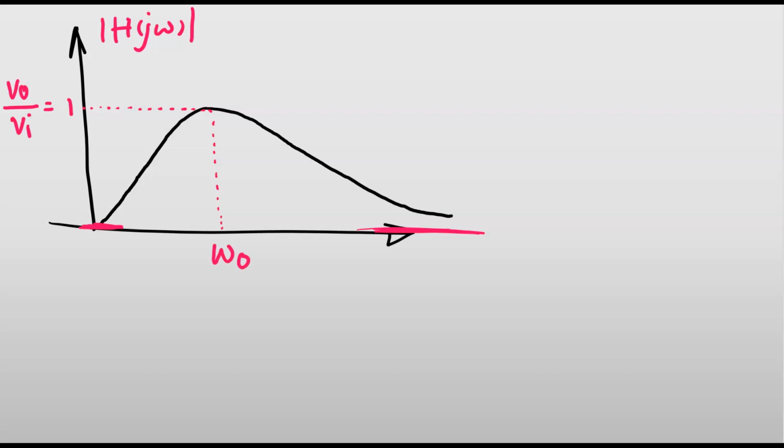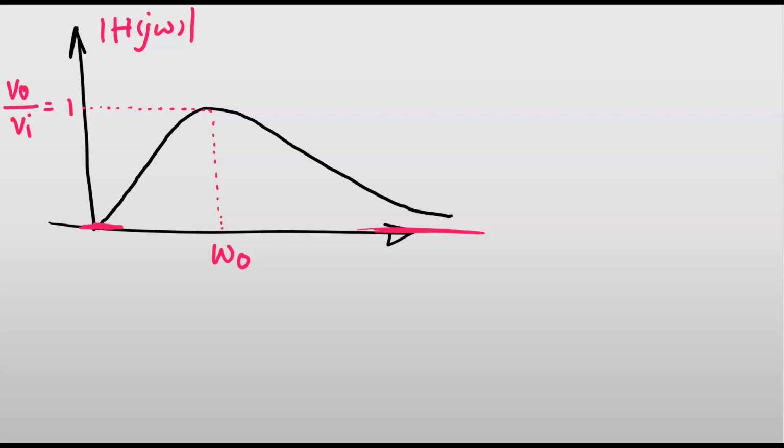In center frequency, we have an ideal situation where the input voltage is completely dropped across the output element, so our output voltage is exactly equal to the input voltage. That's where the resonance happens.